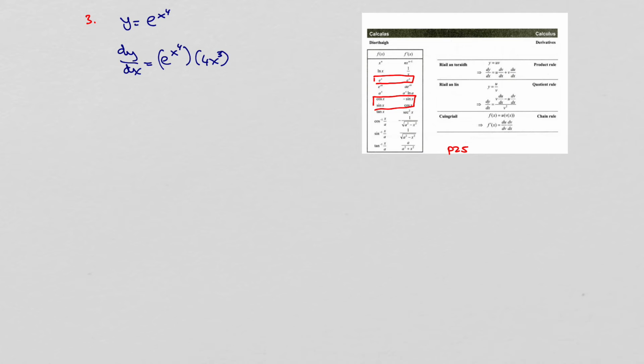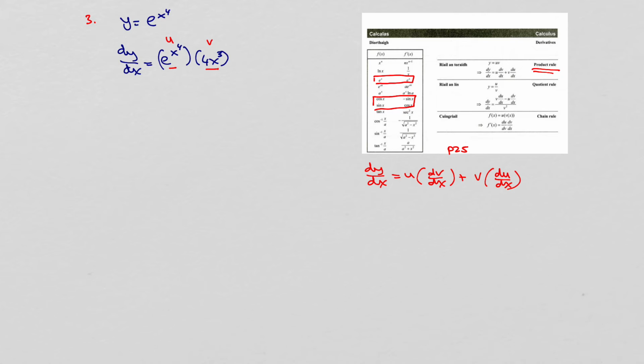So now for my second derivative, we have to be very careful here because I can see I have a function in terms of x multiplied by a function in terms of x. So to differentiate a second time, I must apply my product rule, which I can see on page 25. So dy dx is equal to u times dv dx plus v times du dx.